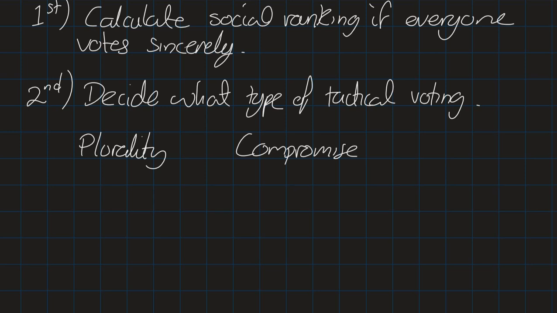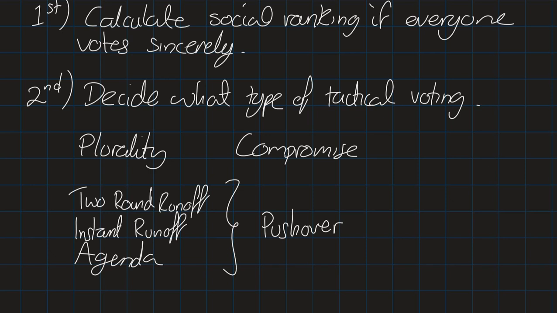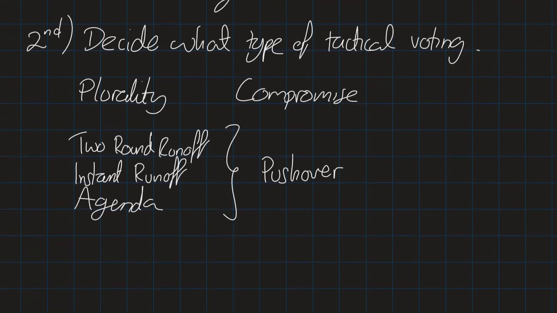If you have 2-round runoff or the instant runoff or the agenda, I recommend that you look at pushover. And if you have the Borda or the Baldwin, I recommend that you look at burying.